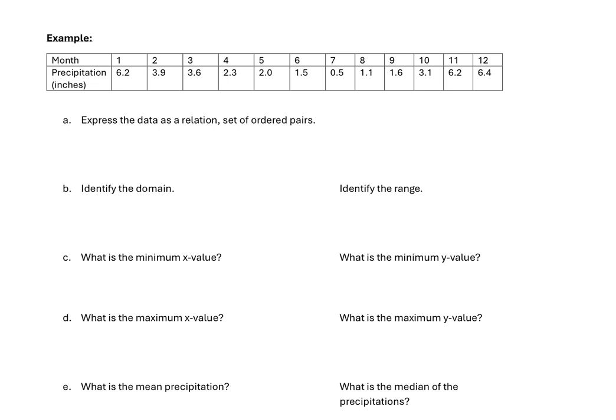The first thing is we have our months, 1 through 12, and we have our precipitation, or the amount of rainfall in inches. So we want to start by expressing the data as a relation, meaning that we want to write ordered pairs.